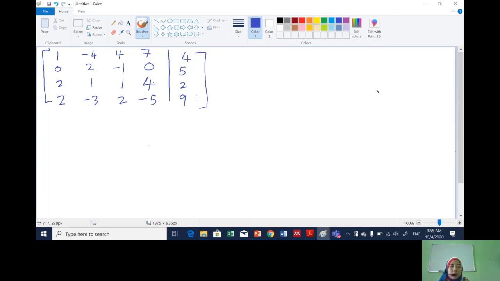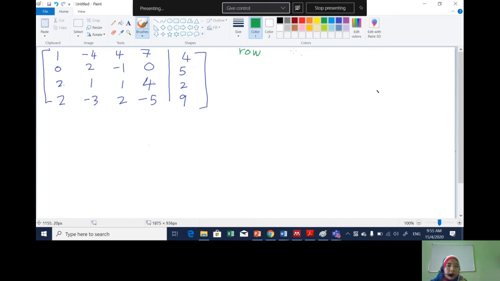The concept in Gauss elimination with scale pivoting is determining the row with the highest magnitude, and the scaling. I'm using the short form, highest magnitude, and the scaling.